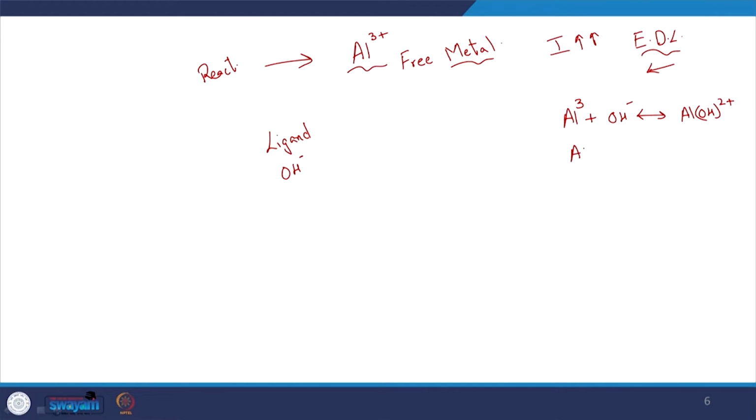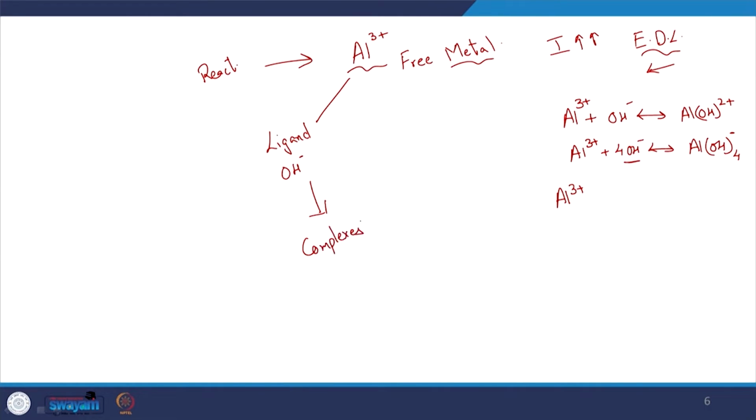Again, depending on the concentration of OH-, I can even have this complex being formed, and you see now it even has a negative charge. And more importantly, as I mentioned, depending on the conditions, we will look at the graphs that will give you an idea about that. So Al3+ with a ligand can form complexes, right.